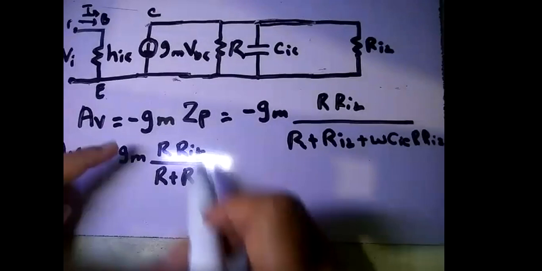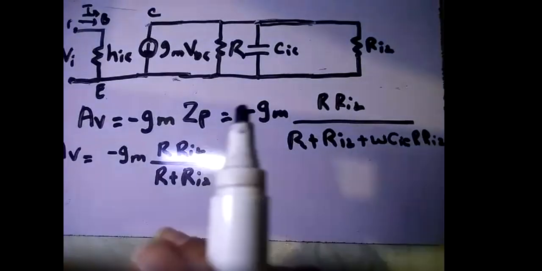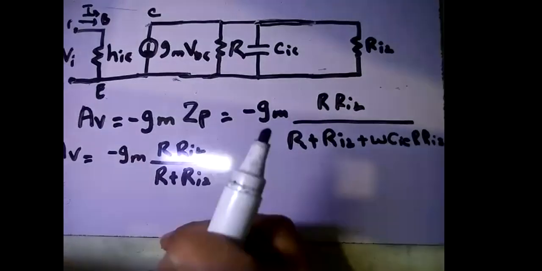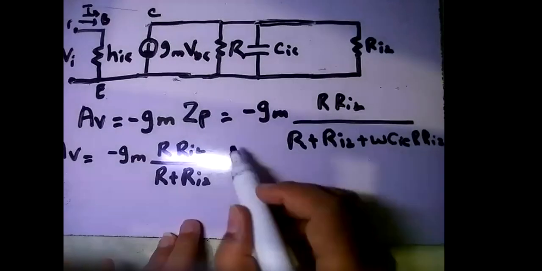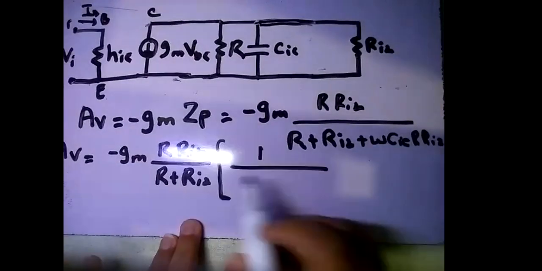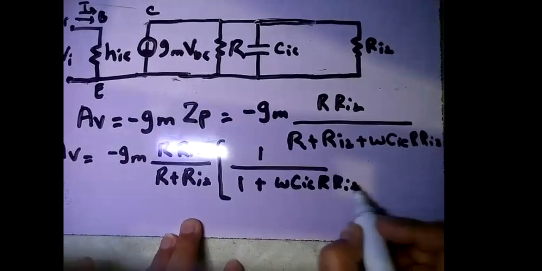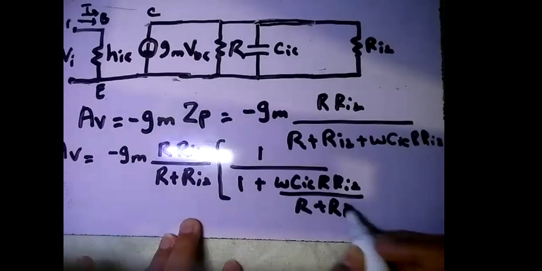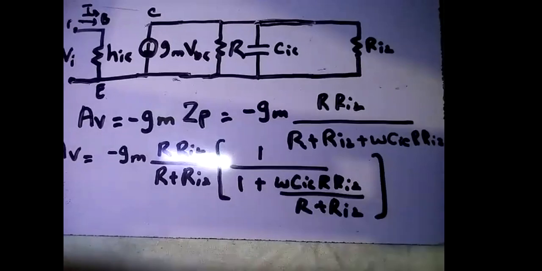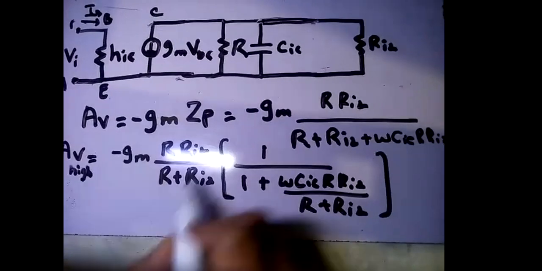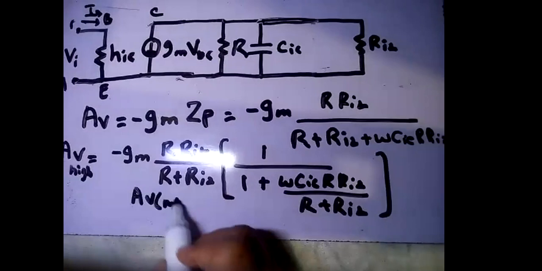Because, as we have already seen in previous lectures, this term is equal to the mid frequency gain. 1 divided by 1 plus omega CIE R RI2 divided by R plus RI2. So here you can replace this with the mid frequency gain. What is this? This is the high frequency gain, and this whole term is equivalent to the mid frequency gain.